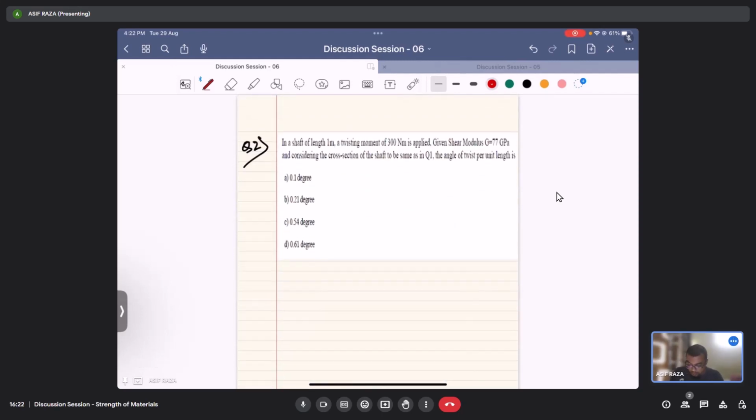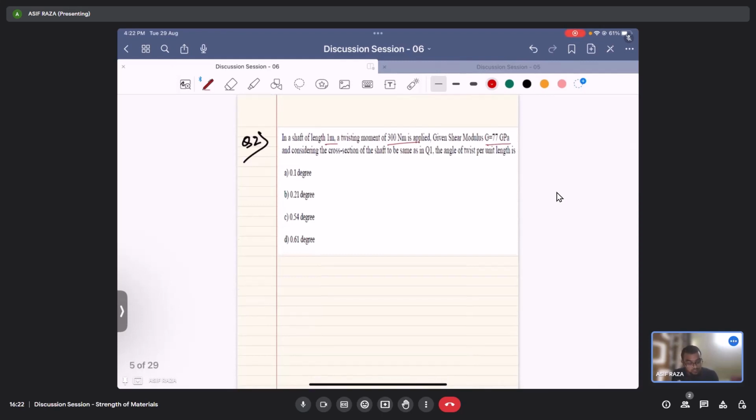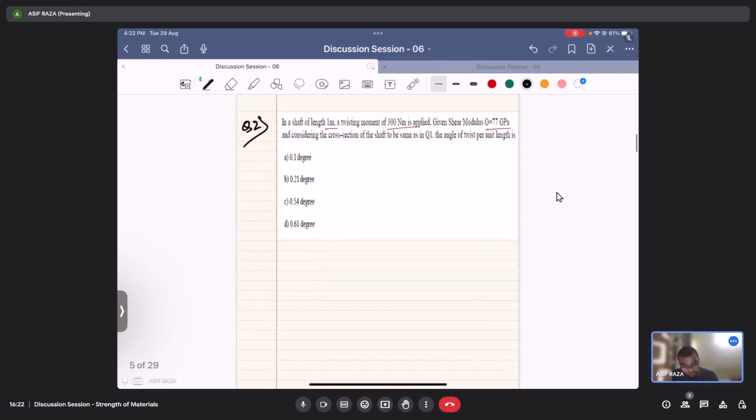The question is, in a shaft of length 1 meter a twisting moment of 300 Newton meter is applied, given shear modulus G is equal to 77 gigapascal, and considering the cross section of the shaft to be same as in question 1, the angle of twist per unit length is. So length is given as 1 meter, that is 1000 mm.